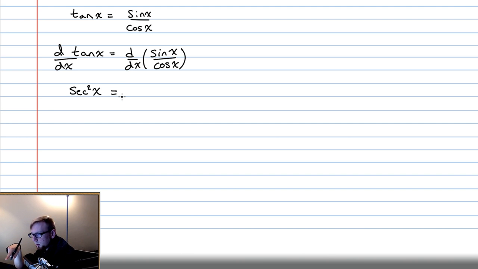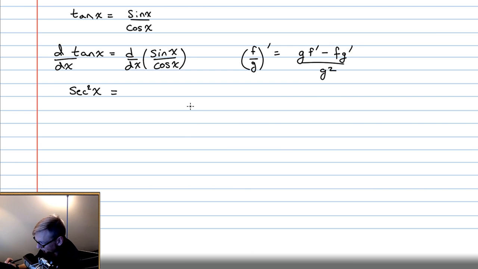And now this is a quotient. So what is our quotient rule? f over g prime is equal to g f prime minus f g prime over g squared. So in this case, f is sine and cosine is our g. So g is cos x. Derivative of sine is cos, so we've got cosine of x again.